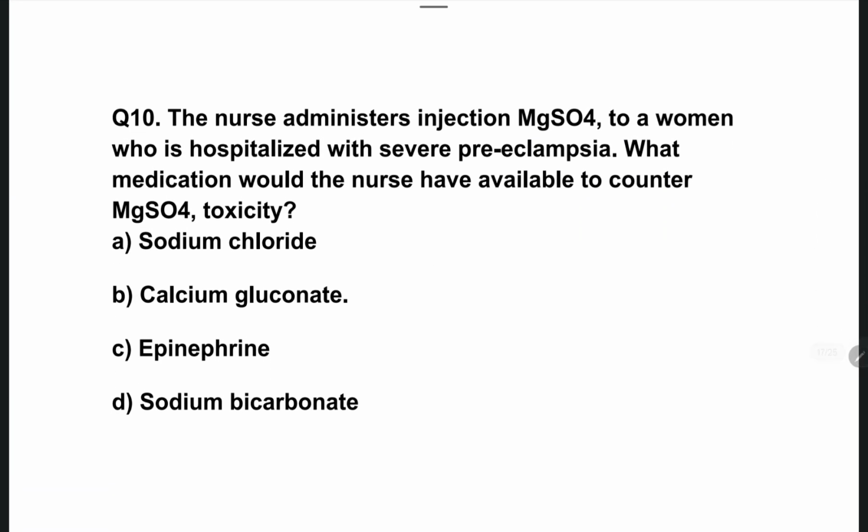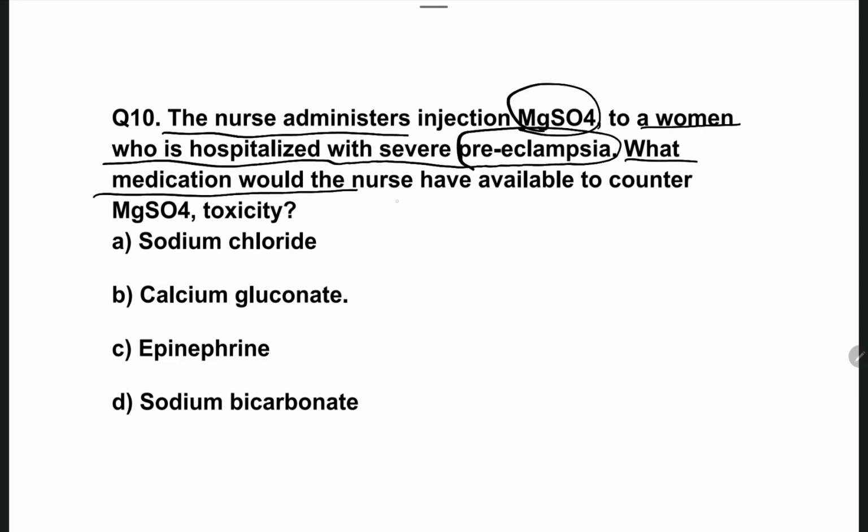The next one is, the nurse administers injection MgSO4 to a woman who is hospitalized with severe preeclampsia. What medication would the nurse have available to counter MgSO4 toxicity? So the patient is having preeclampsia and for that reason the sister is giving MgSO4.